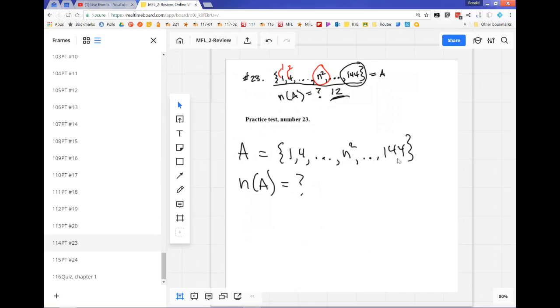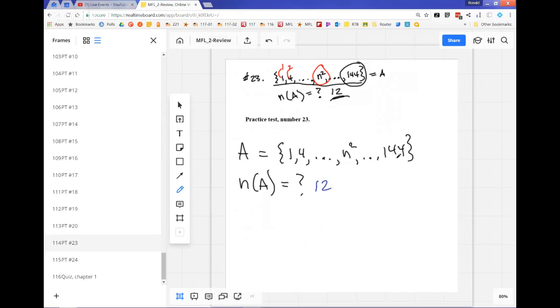So what times what is 144? 12. So what's the number of elements in the set? 12. That's correct. Just to clarify, in this case the n is 12, because you multiply 12 times 12, which equals 144.